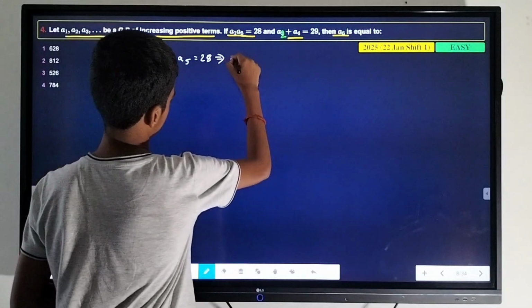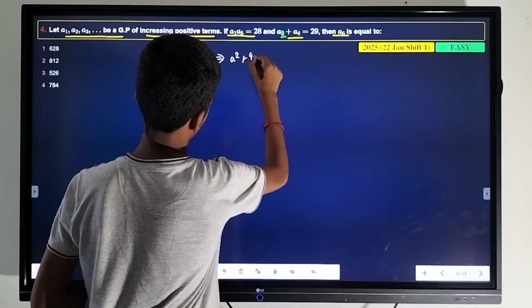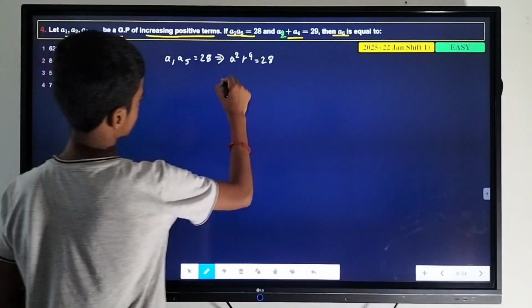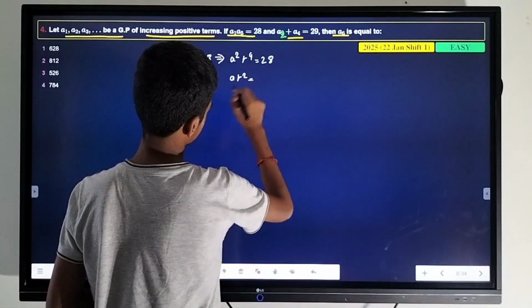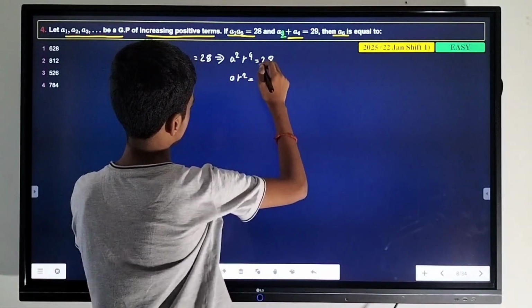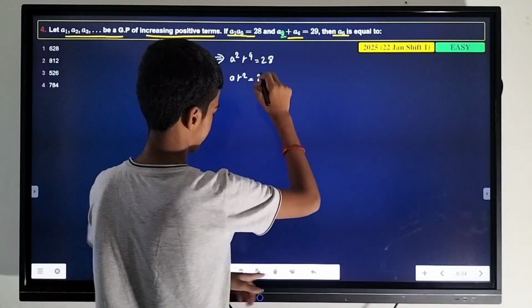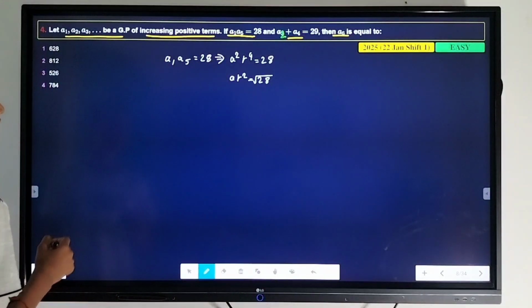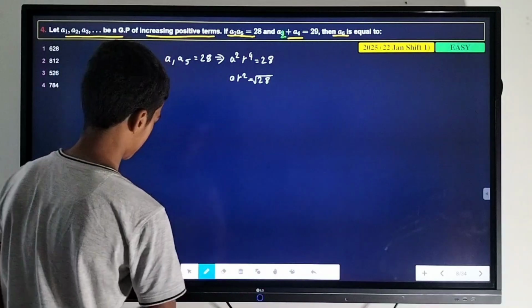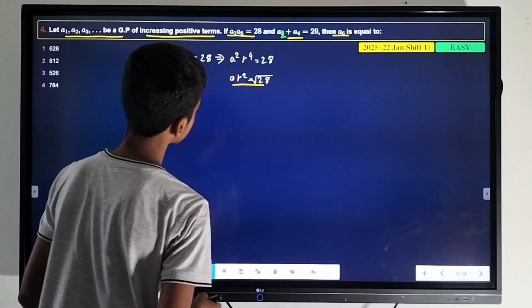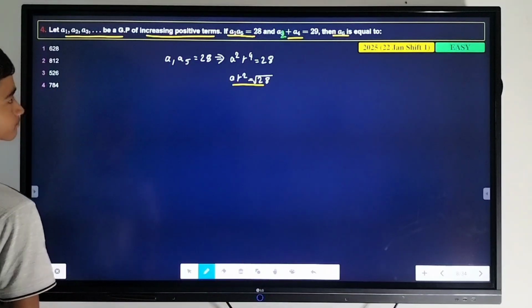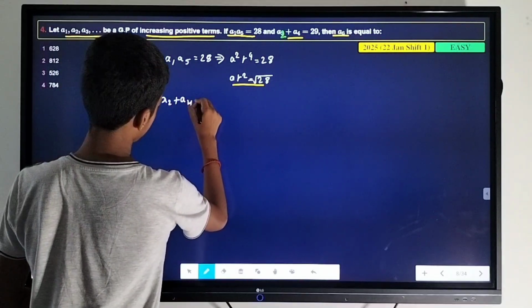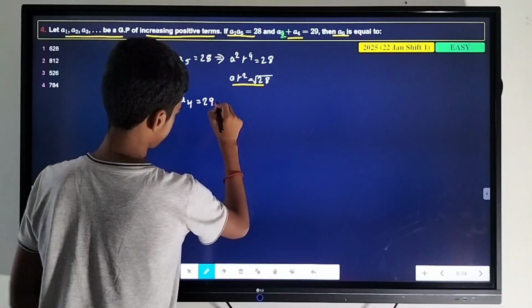So we will get a square r raised to power 4 is equal to 28. Taking under root both the sides, ar square is equal to root 28. Now here we have one relation. Now we will use A2 plus A4 is equal to 29.